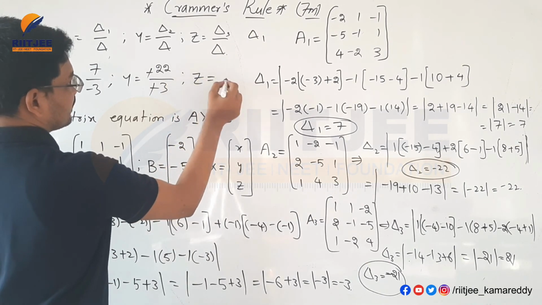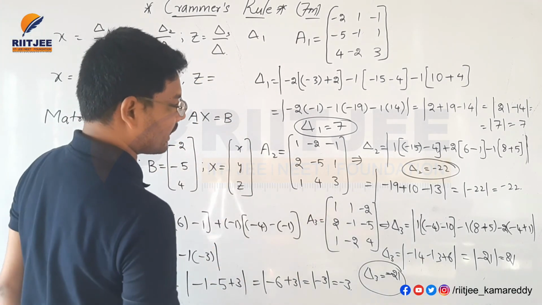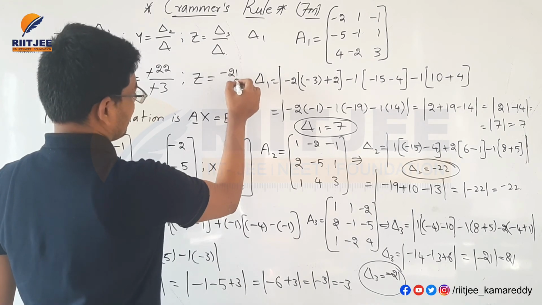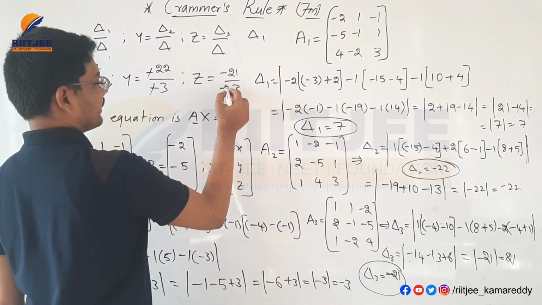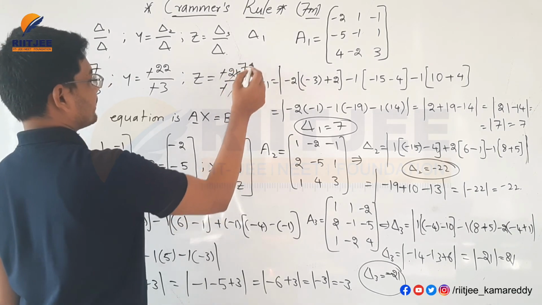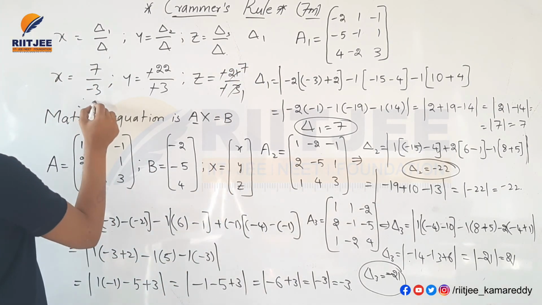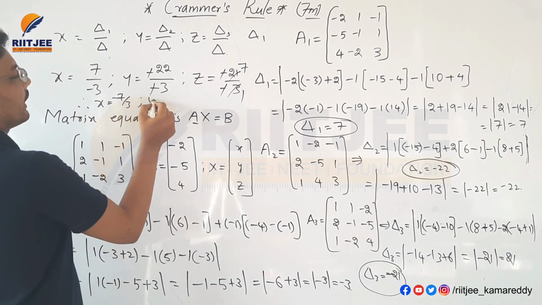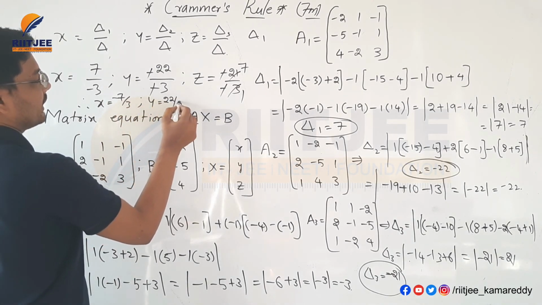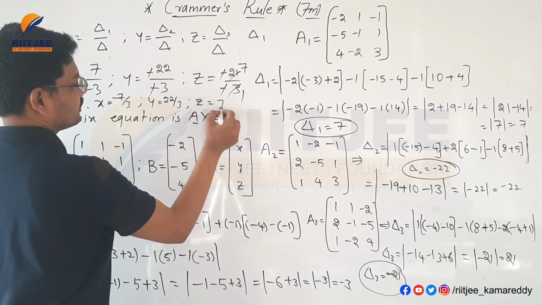Z is equal to delta 3, which is -21, by the delta value we got -3 here, minus gets cancelled, 3 ones are 3, 3 sevens are 21. Therefore x is equal to -7 by 3, y is equal to 22 by 3, z is equal to 7.